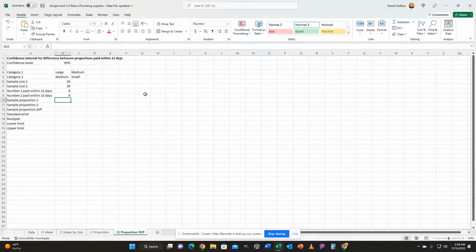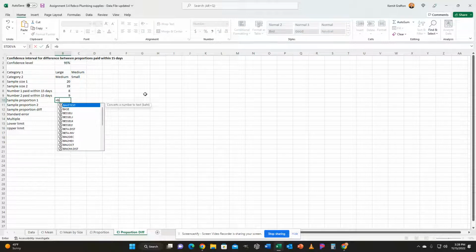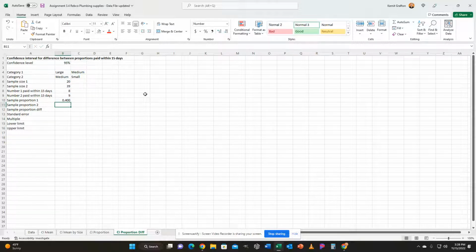Okay, it worked. Yay. All right, the next two are relatively easier. So we're just going to be finding a proportion. So the sample 1 proportion is B8 divided by B6. Sample 2 proportion is B9 divided by B7.